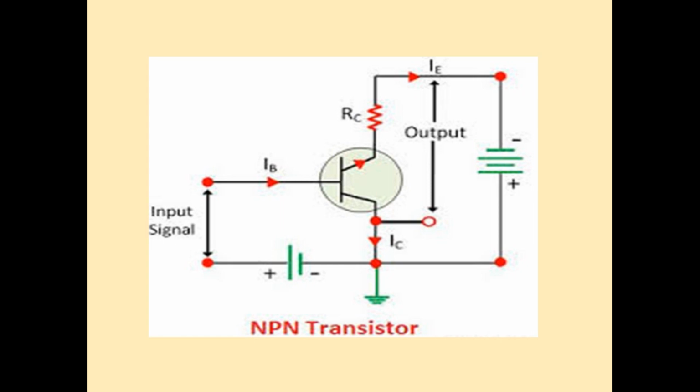So collector is grounded in the case of common collector configuration of a transistor. First consider NPN transistor. So in NPN transistor, the base is p-type semiconductor and emitter and collector are n-type semiconductors.